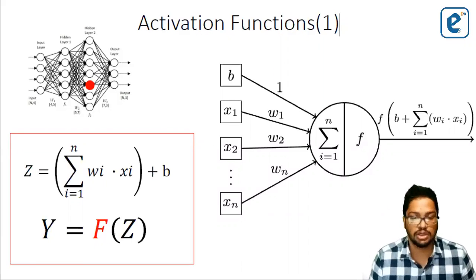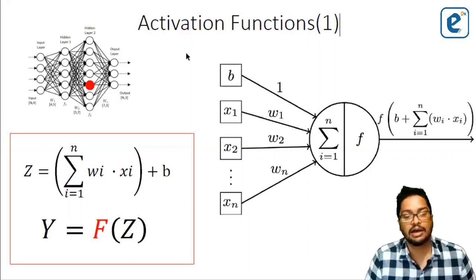Okay, so first, you know what we do at each neuron. We take some input from the previous layer, and those are multiplied with the corresponding weights, and at the neuron the bias is added.